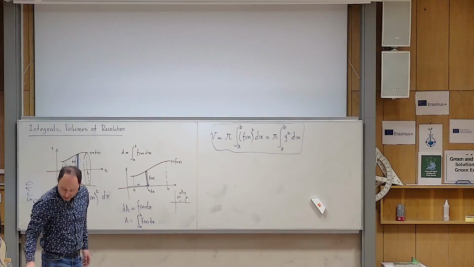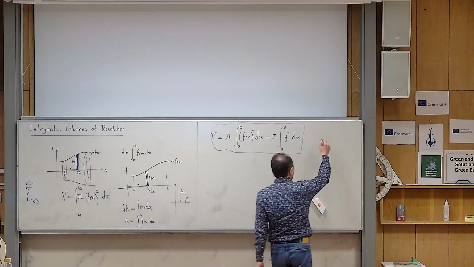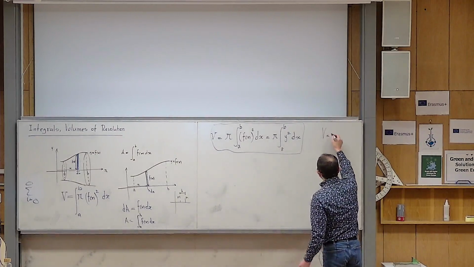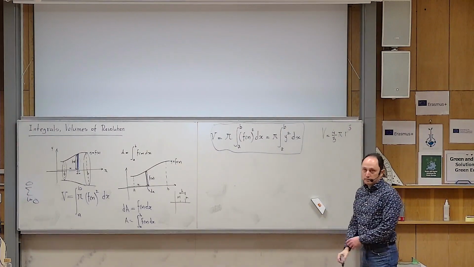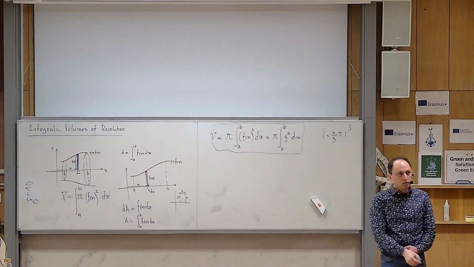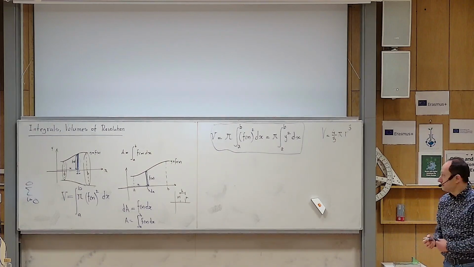The volume of the sphere in the formula sheet is this. If I have a sphere of radius r, the volume, if you check the formula sheet, is this one. R is the radius. But let us see why. We want to prove now that this is indeed the volume.